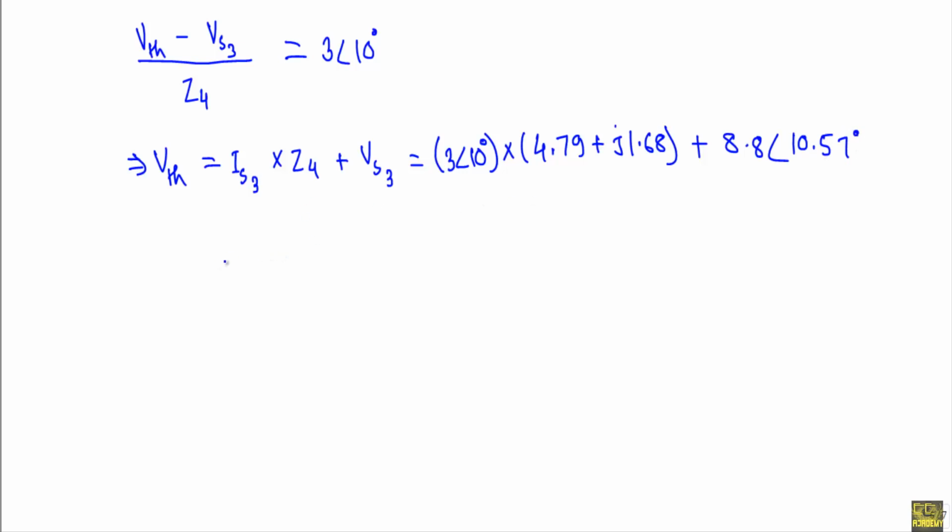So in this circuit the Thevenin voltage VTH will be equal to 23.73 with phase angle 22.48 degree volt.